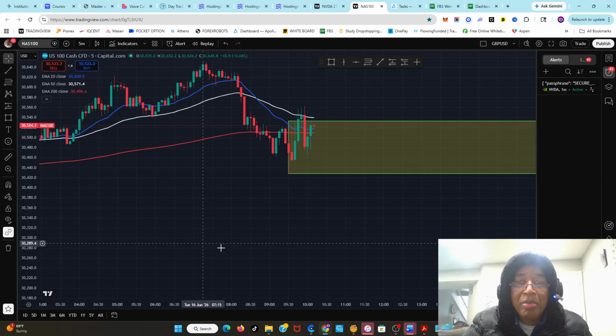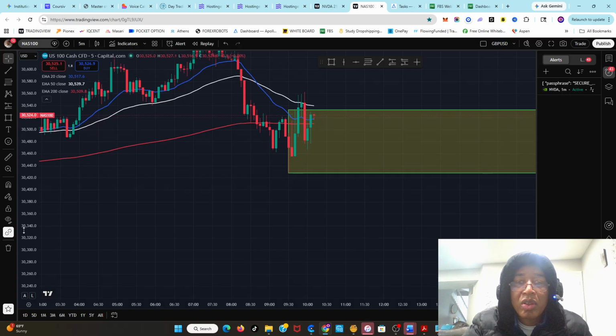Okay, so going back to what's happening here, you can see it's been so hard for the bars to break above this. So we had a breakout, severe pullback, and now it's been so hard to break out again, but it is making that attempt.